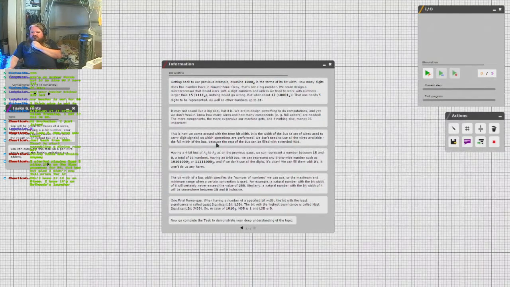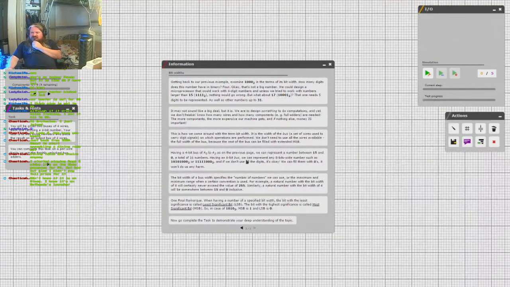the full width of the bus, because the rest of the bus can be filled with extended MSB, most significant bits. Having a 4-bit bus of A0 through A3, as on the previous page, we can represent a number between 15 and 0, a total of 16 numbers.